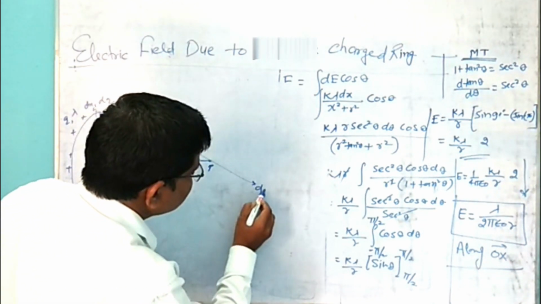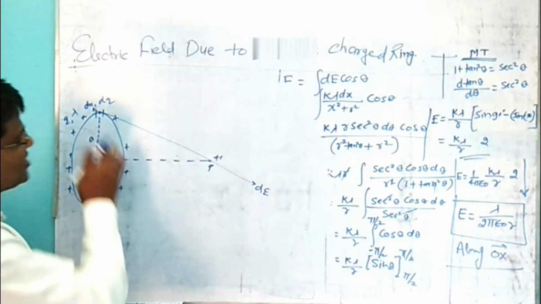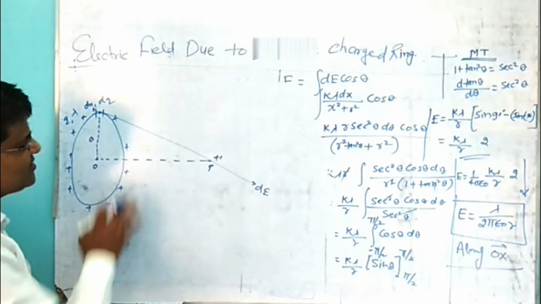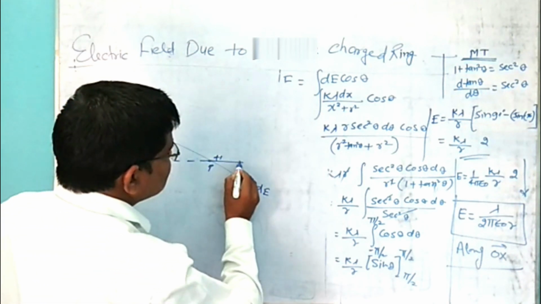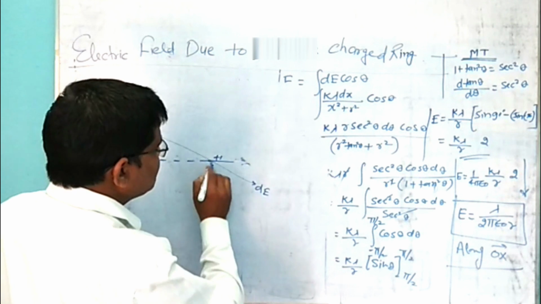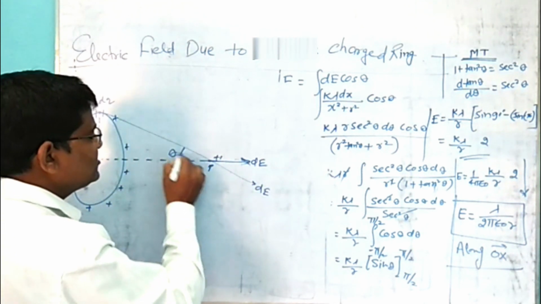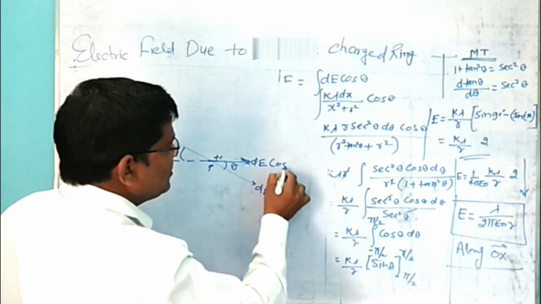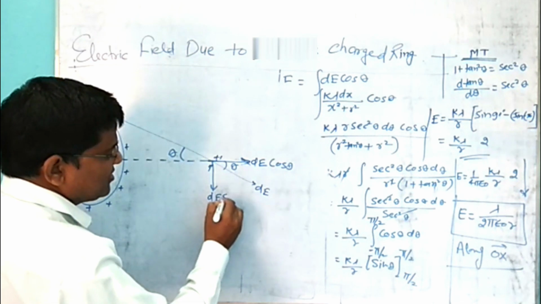Here is a small charge, here is also a small charge, then repulsion takes place, and due to repulsion this is the electric field due to the small charge, and it becomes again, in a similar way, dE cos theta, because theta is vertically opposite theta, then it becomes cos theta, and this becomes sin theta.